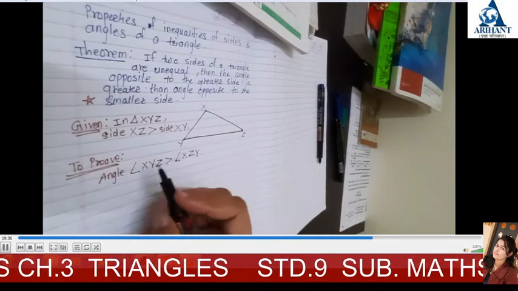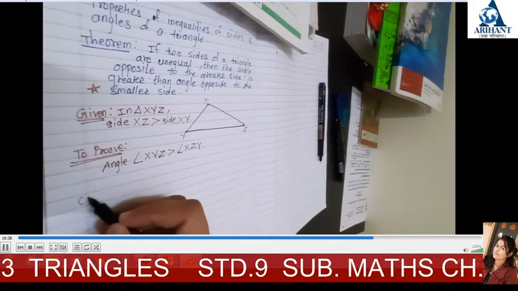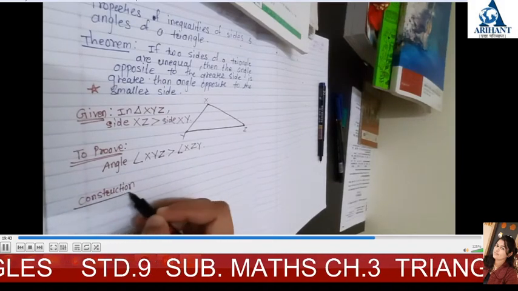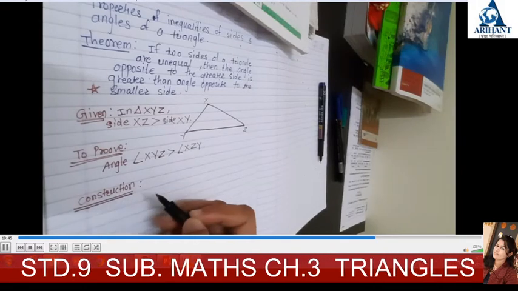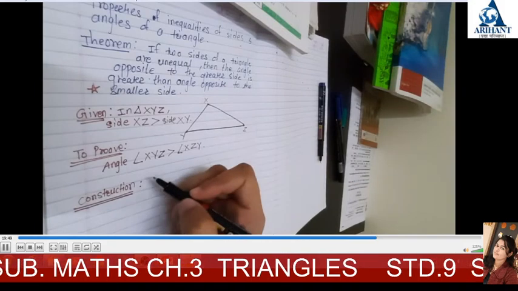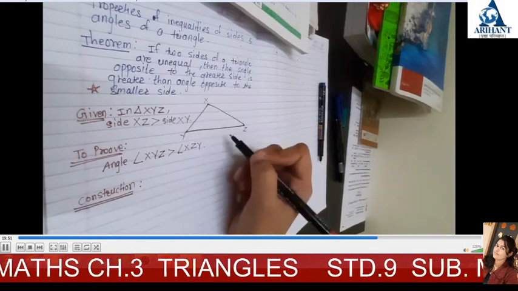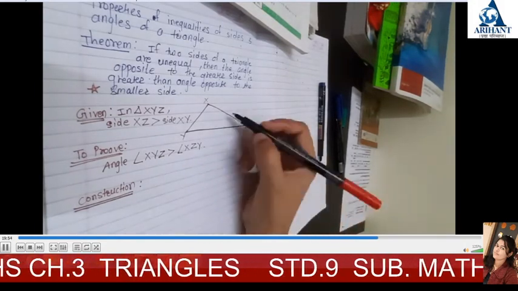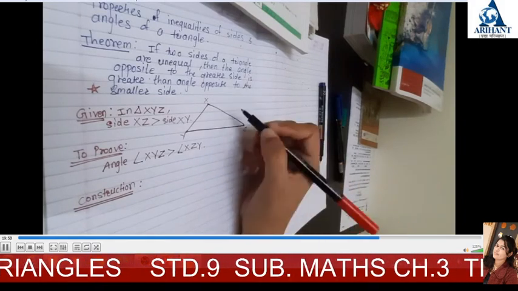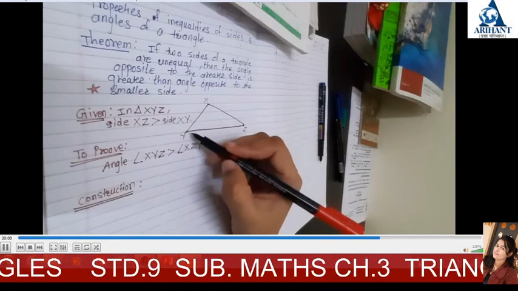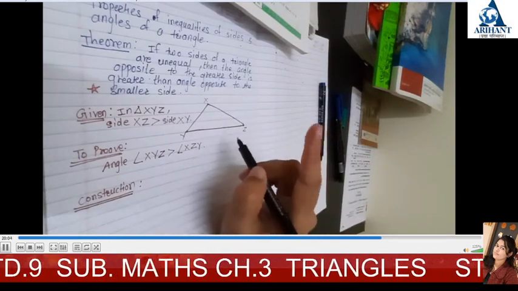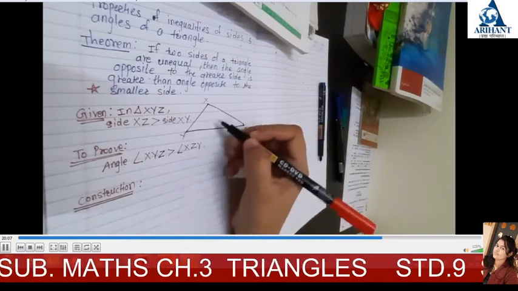Now we need one construction to prove this theorem. What will be the construction? Take point P on the side XZ such that XY and XP are equal, and draw line YP.